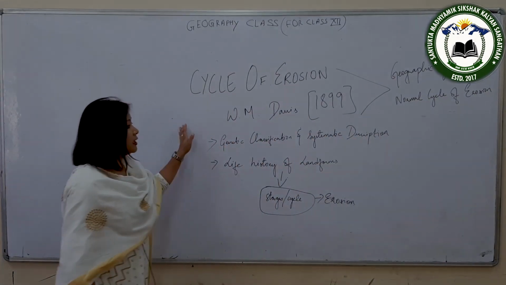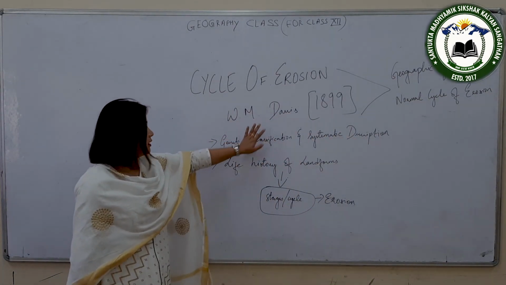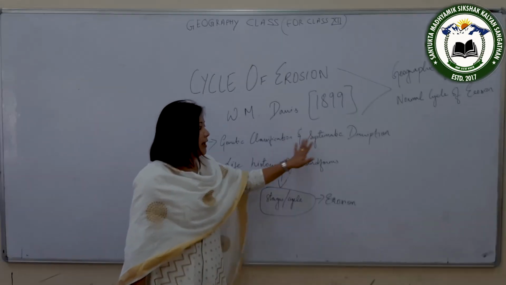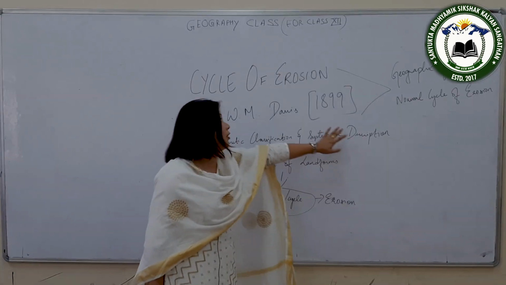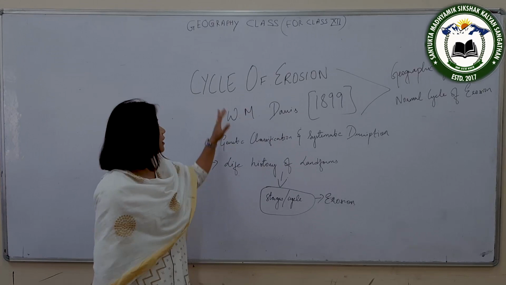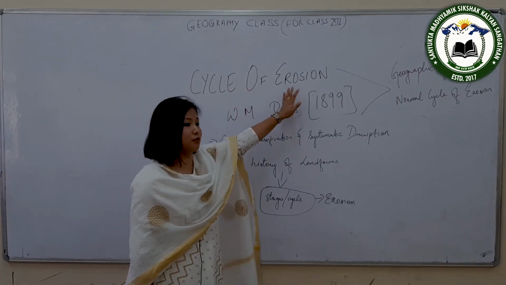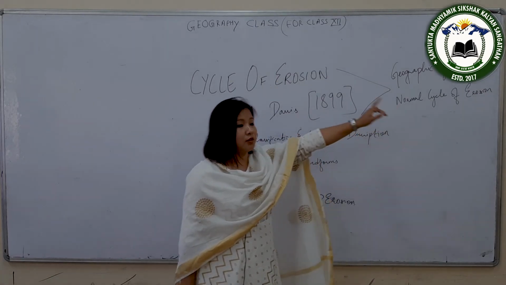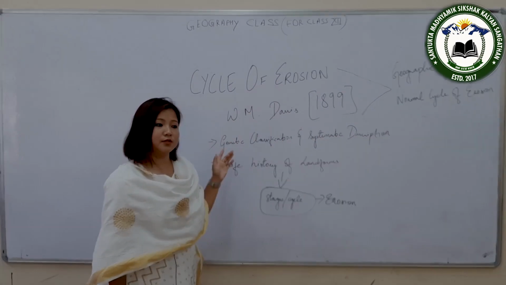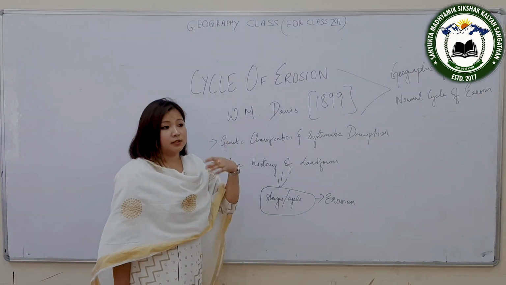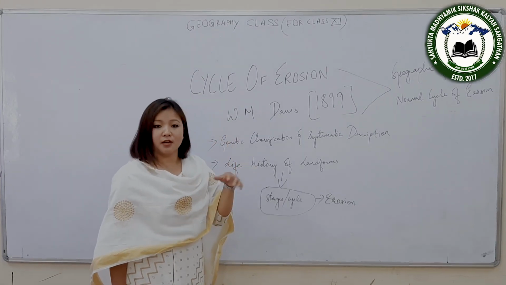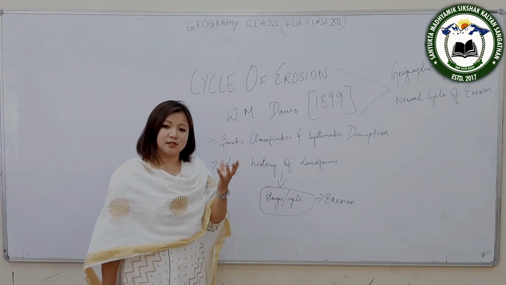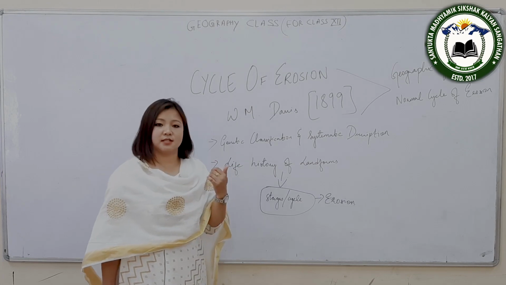So basically he tried to explain genetic classification and systematic description of the landform in the concept of cycle of erosion. By geographic cycle of erosion, what he meant to say is that the uplifted land masses undergo several changes through time and stages.